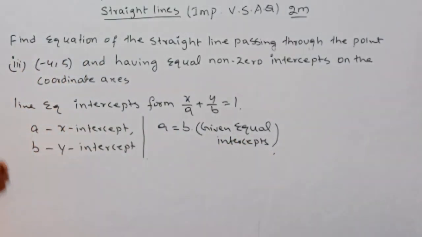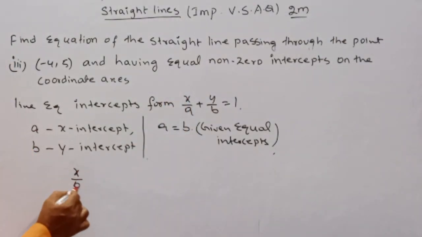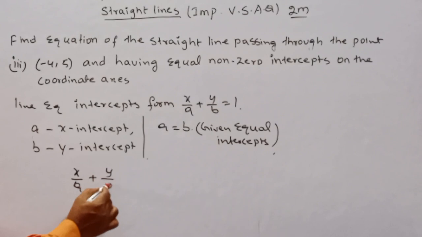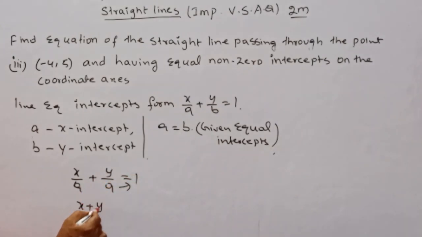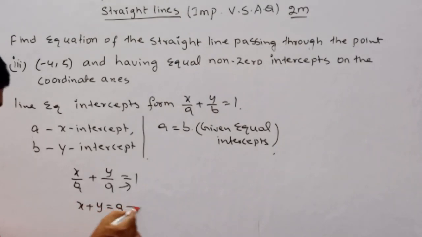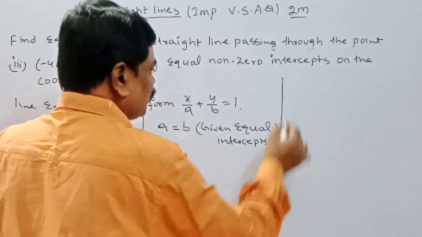That is a is equal to b, so this can be written as x by a plus y by a is equal to 1, then x plus y is equal to a, equation 1.